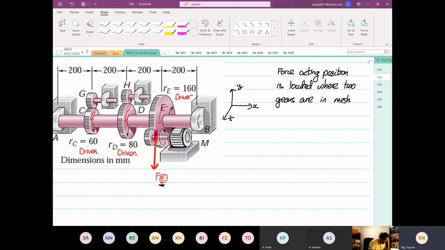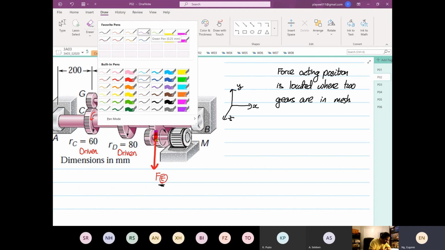So for the driven gear D, let's focus on driven gear D. How will this react? It will react in this direction now. It will act in this direction.